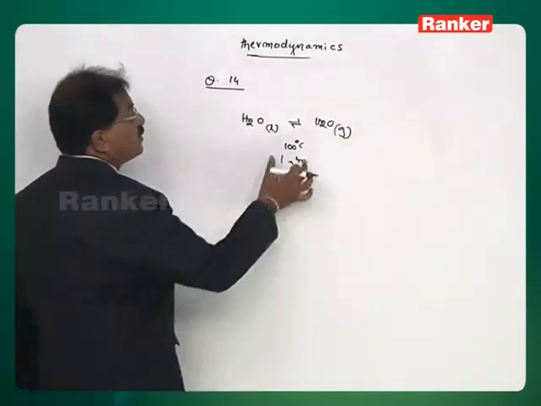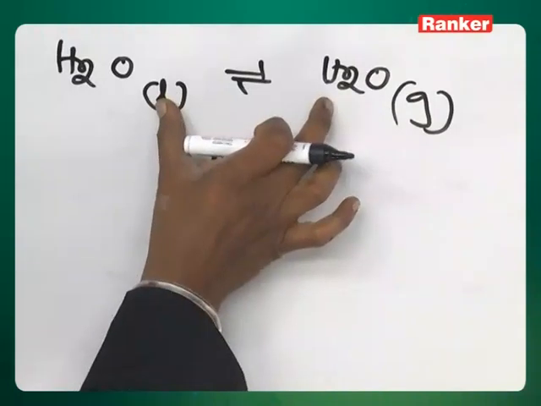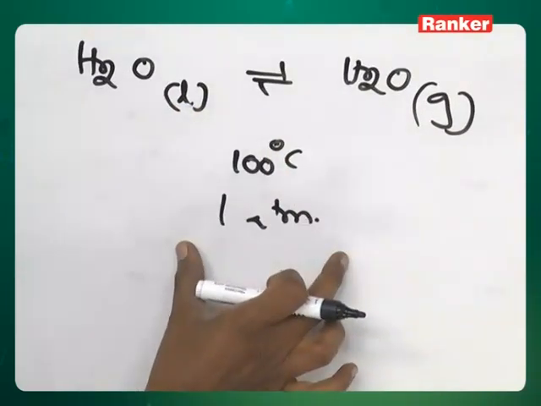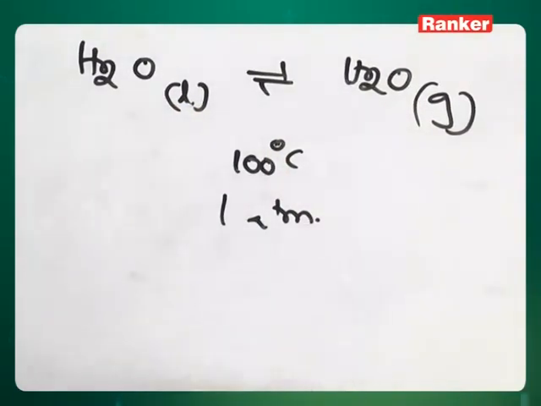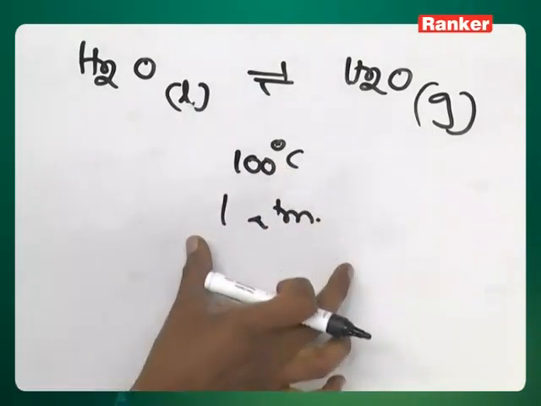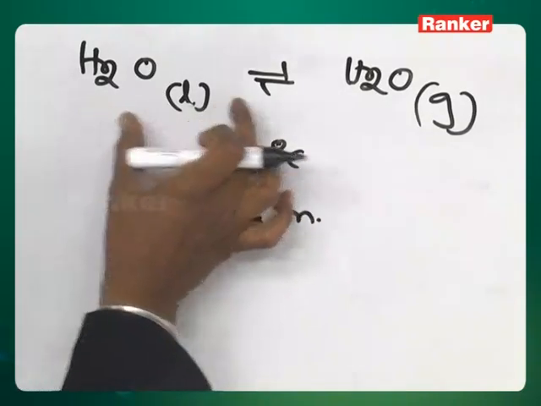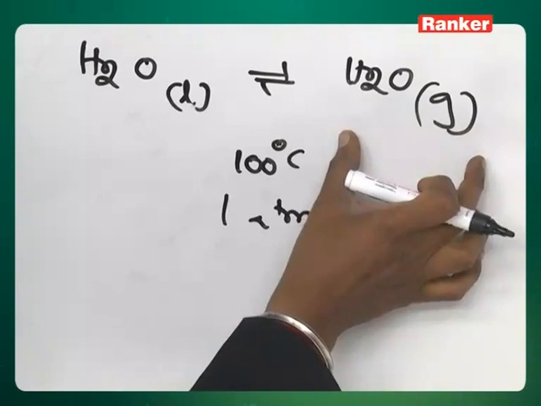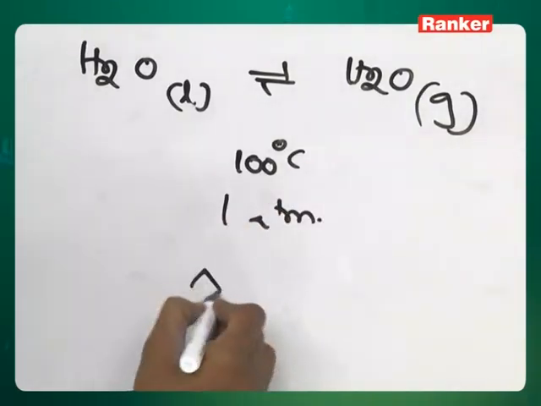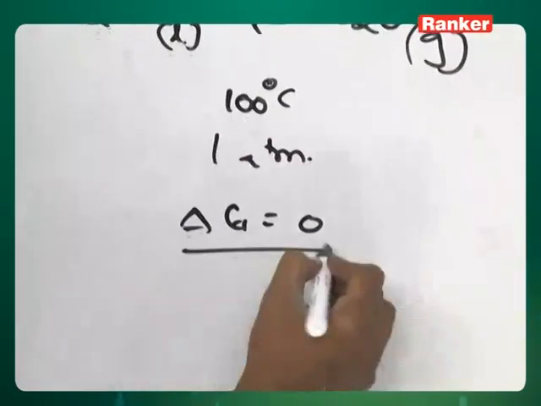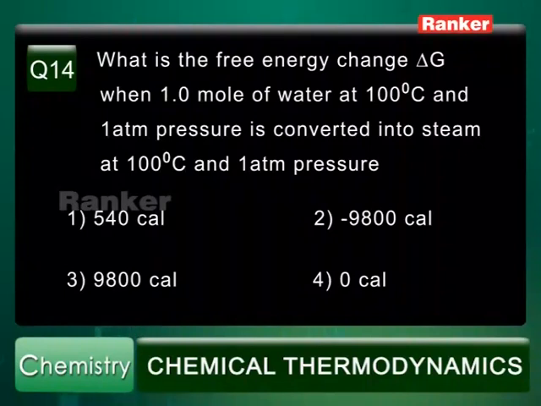Since 100 degrees Celsius is the boiling point of water and since 1 atmosphere is equal to the surrounding pressure, at 100 degrees and 1 atmosphere pressure, when the liquid and vapor forms of water are in equilibrium, then del G is always equal to 0. Hence, del G is equal to 0, hence answer is 4.